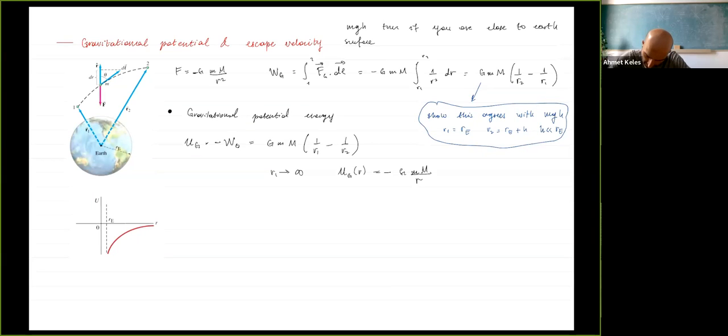So this is the energy to bring a mass m from infinity to a point r.